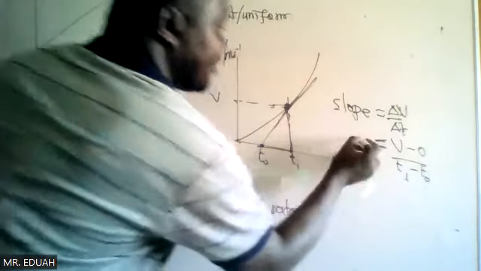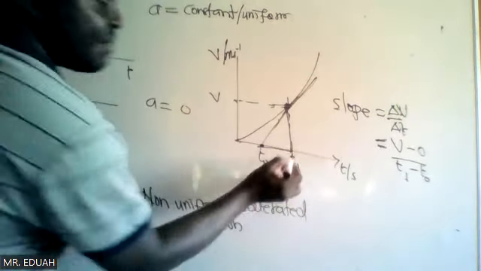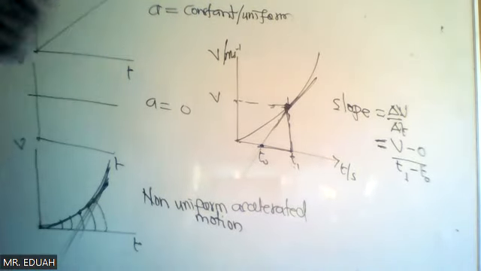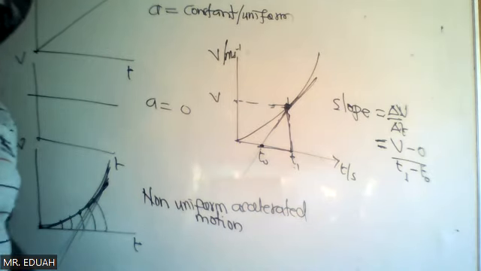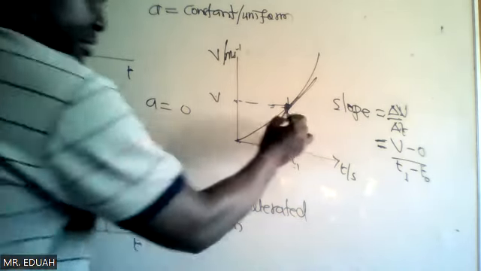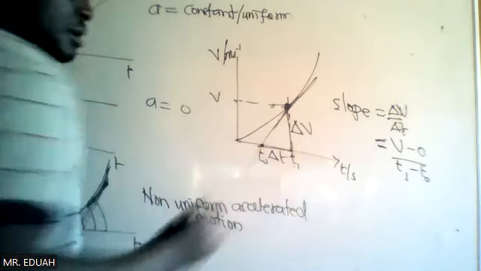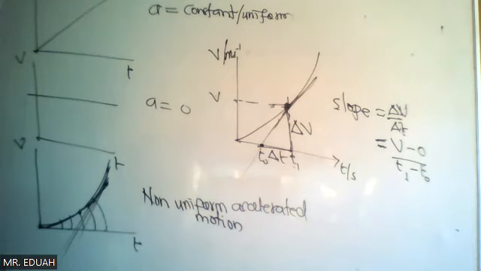So this will give us the acceleration at a time t equal to T1, the instantaneous acceleration. Class, are we okay? Give me feedback. Are you okay? Yes, please. All right.